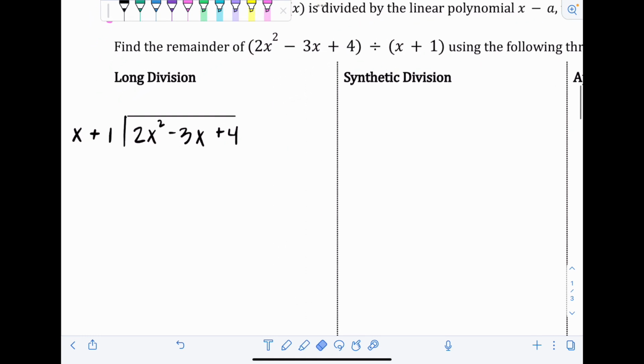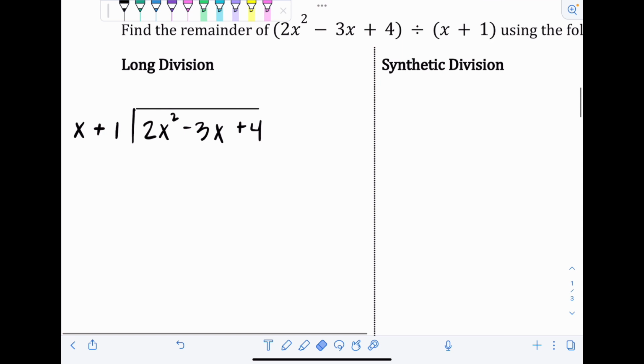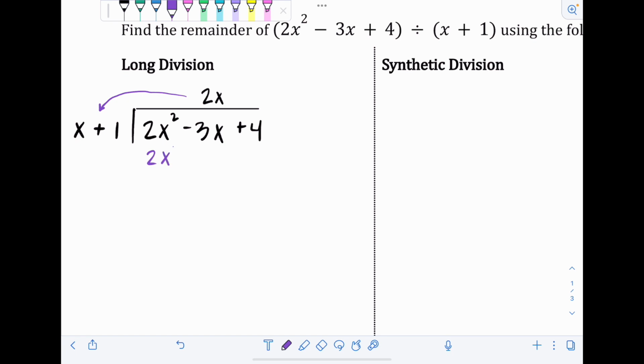I'm ready to start dividing. I start by dividing 2x squared by x. That's 2x, so I put that up here. Next I multiply 2x back through the binomial: 2x times 2x is 2x squared, and 2x times 1 is 2x.